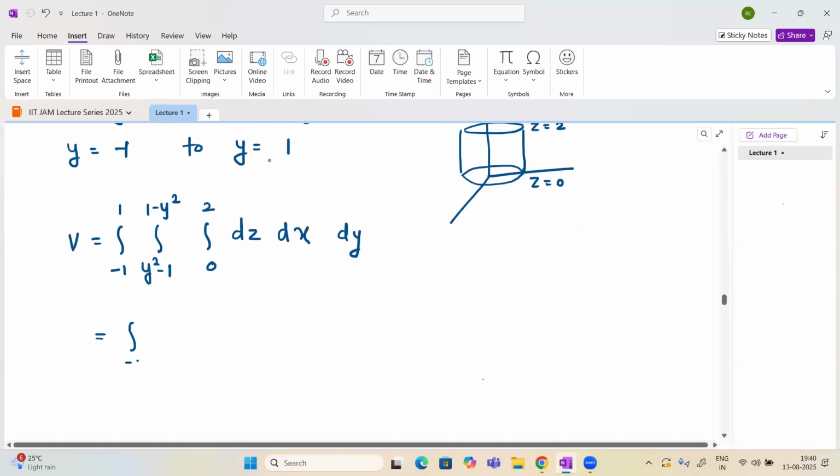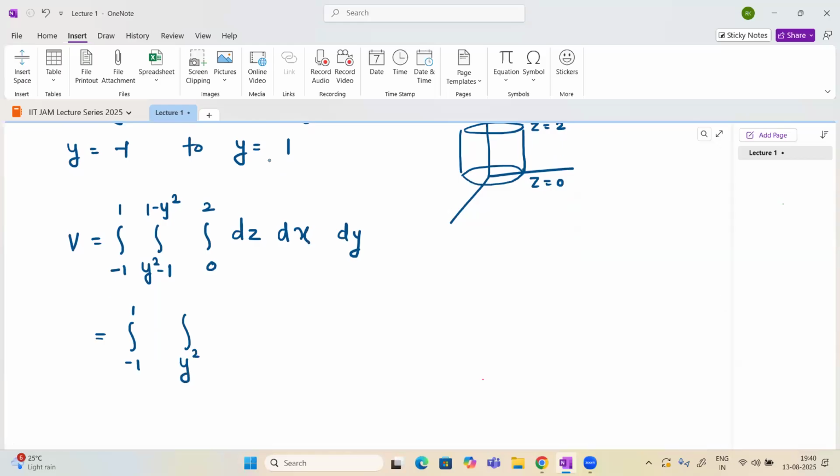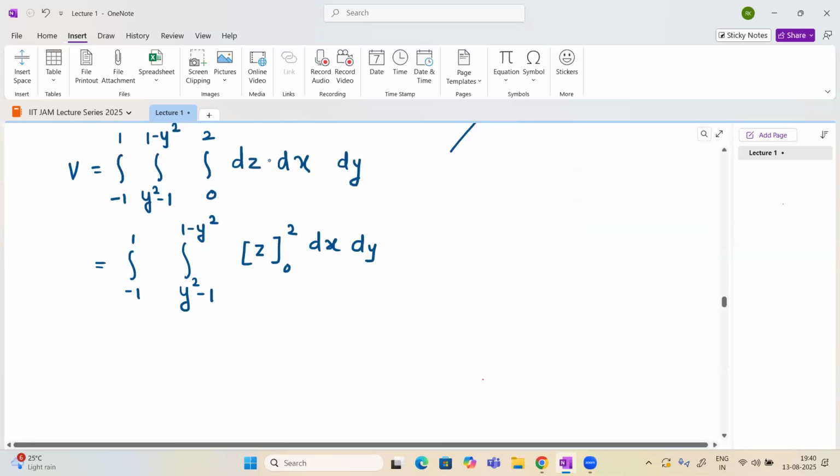Let us solve it. Always solve the inner integration first. What is the integration of dz? It will be z, from 0 to 2. If I put the upper limit, it will be 2, and 2 is a constant.